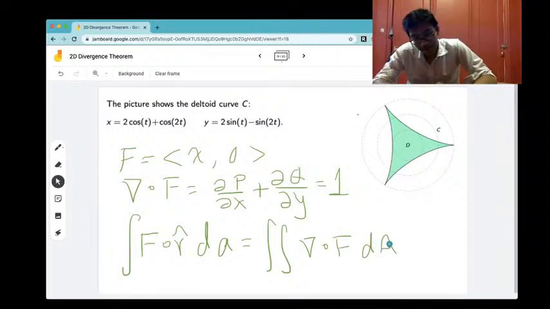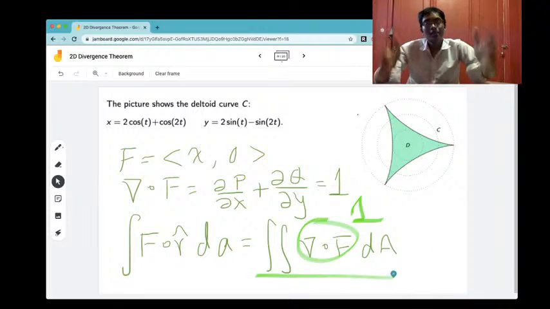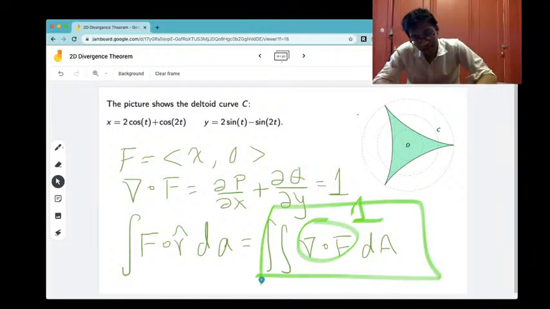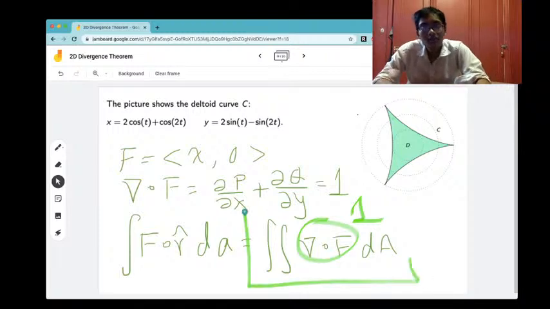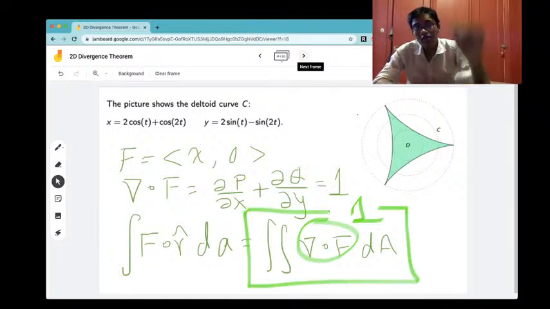Now we know that this divergence right here is just 1, so that means we can just calculate the area. So this area on the right hand side is just going to be equal to the line integral, which is an amazing trick right here. So can I actually go to the next slide? No, I don't have any more space left, so I'm just going to erase the work I've already done.